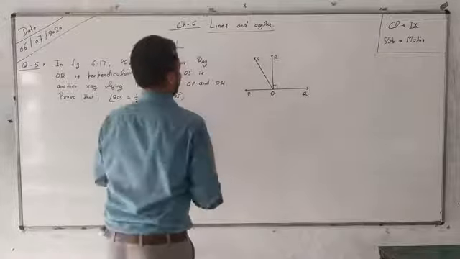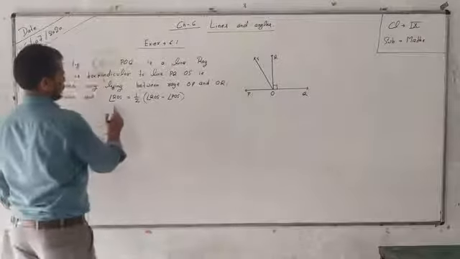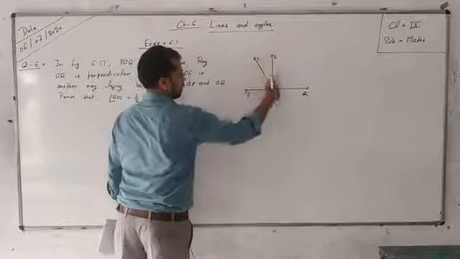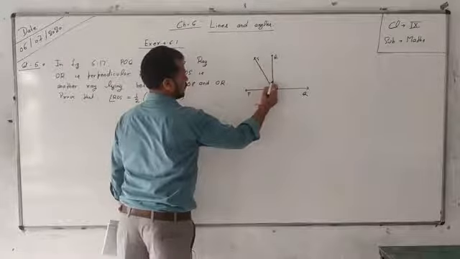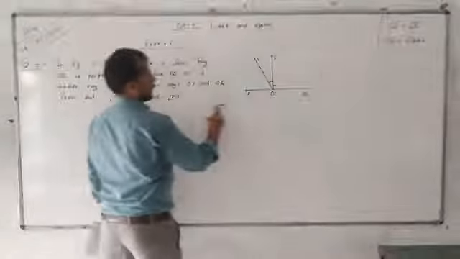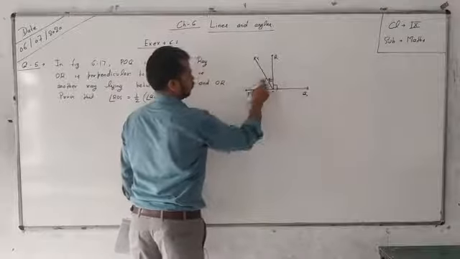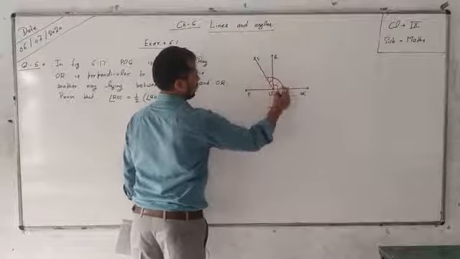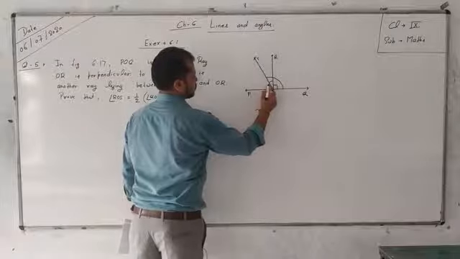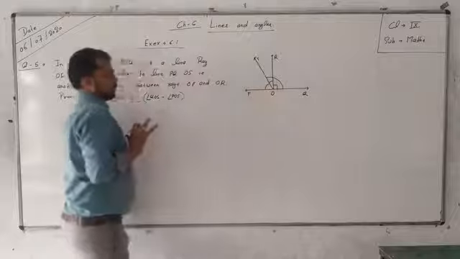Clear? This is the figure. You have to prove that angle ROS, means this angle, is equals to half angle QOS, means this angle, minus angle POS. Angle POS means this angle. Okay, it is clear from the figure?